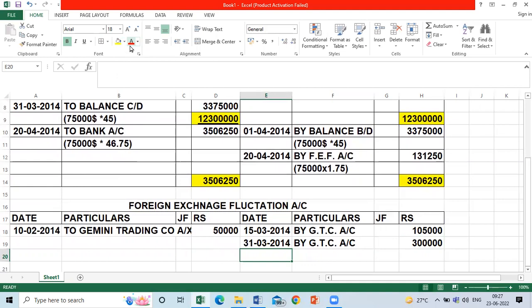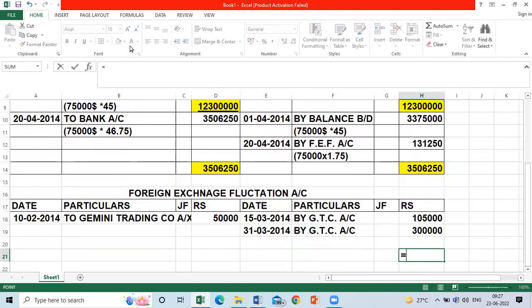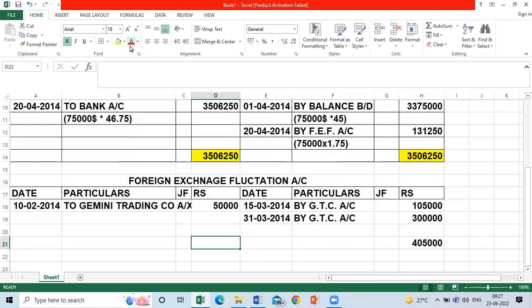Now on 31st March I am going to close this account. Foreign exchange fluctuation account is a nominal account. At the end of the year, a nominal account is always closed, and the balance in the foreign exchange fluctuation account will be transferred to the P&L account. On the credit side, we have 4 lakh 5.